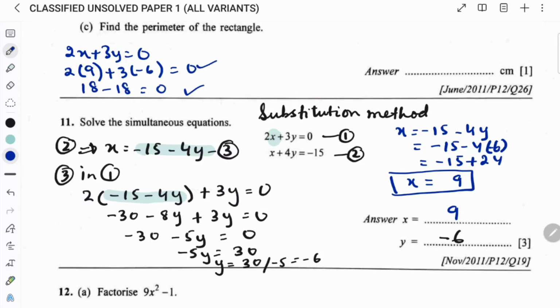And the second one, x plus 4y equals minus 15: x is 9 plus 4 times minus 6. 4 sixes are 24, and 9 minus 24 is minus 15. You can see they both are correct, so the answers are correct. This is the way you can check your answer.